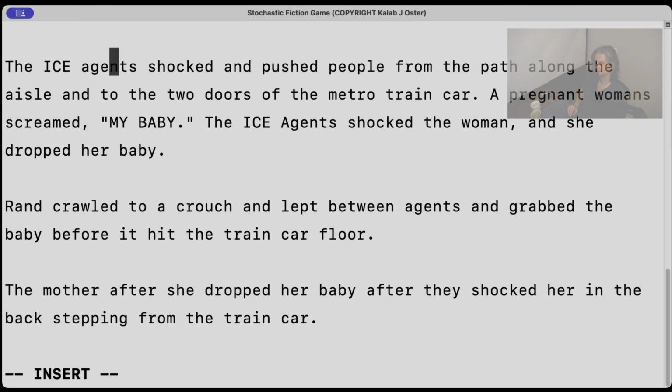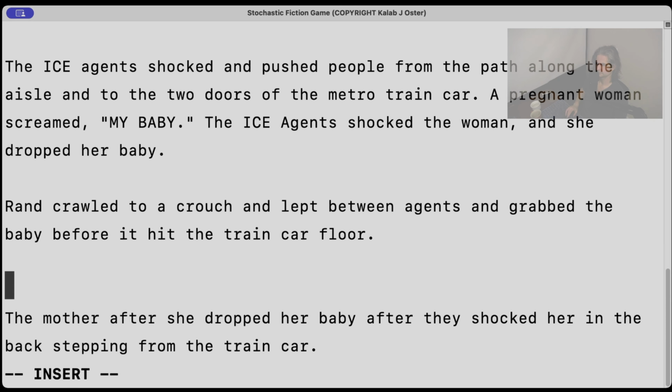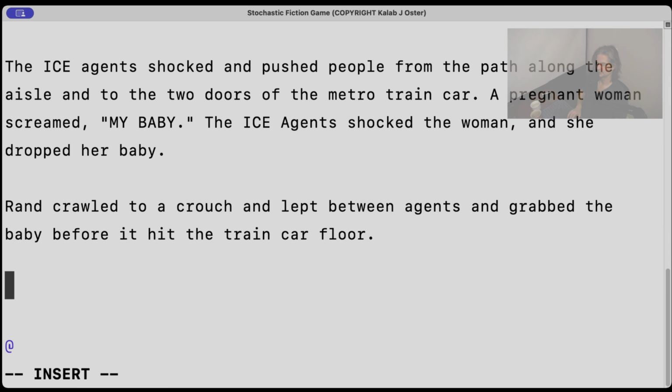A pregnant woman screamed, "Babe, my baby." And the ICE agent shocked the woman. She dropped her baby. Rand dropped to a crouch and leapt between the agents and grabbed the baby before it hit the floor of the train car. The baby screamed.